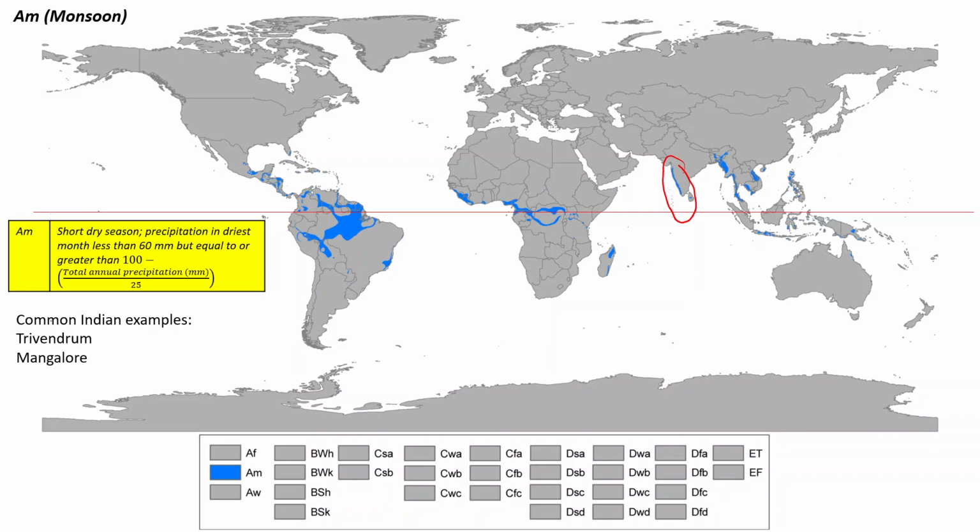Whenever we talk about the monsoon, we typically understand the southwest monsoon, which brings a lot of moisture to this region. Apart from it, this zone is restricted to the tropical latitudes, which has a short dry season. In the monsoonal zone, the drier period is very short. Normally the rainfall is very high.